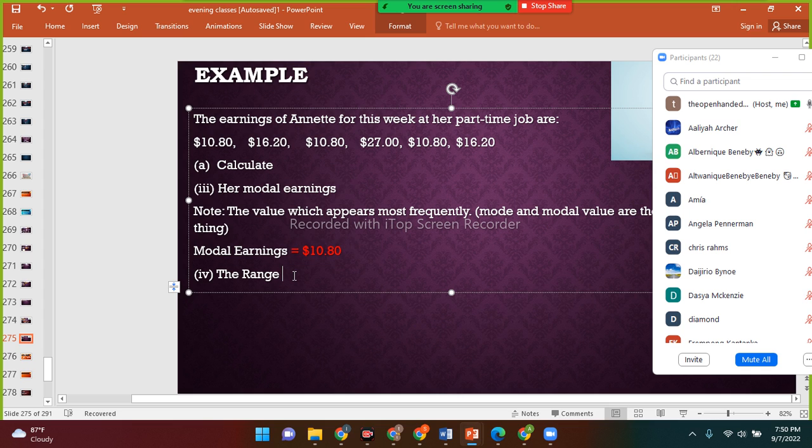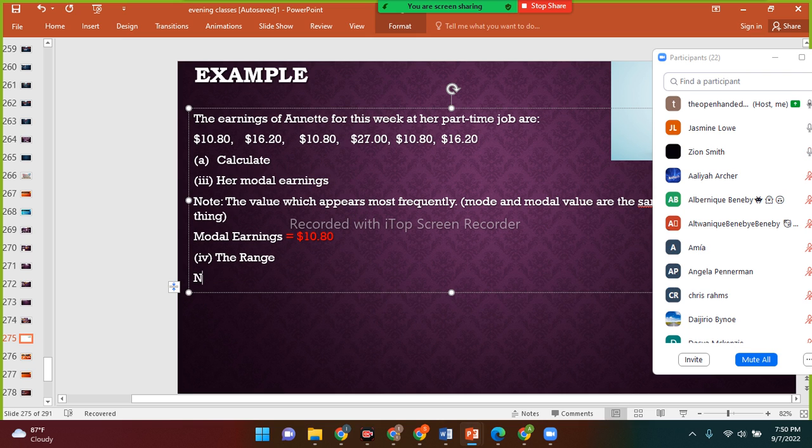Let me have the range. The range is you subtract the smallest number from the largest number.